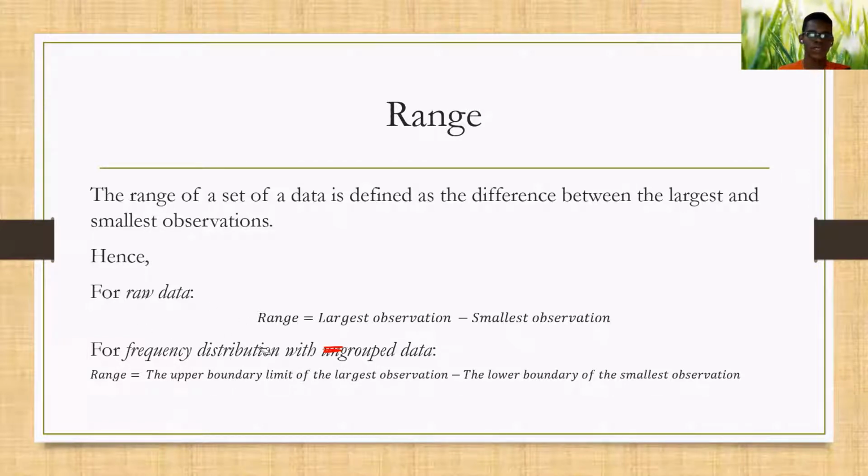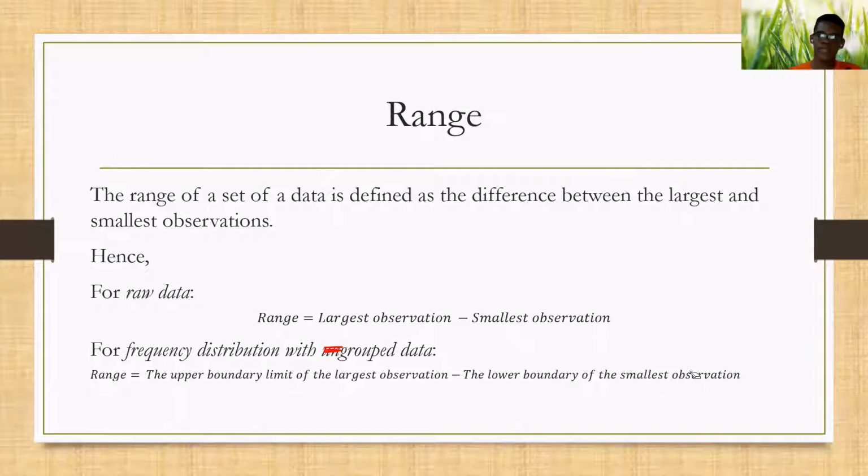However, for the frequency distribution with grouped data, not ungrouped, with grouped data, remember you have classes, class intervals. You will look at the upper boundary limit of the largest observation. So you take the upper boundary of the largest class, the last class, subtracted by the lower boundary of the smallest observation.